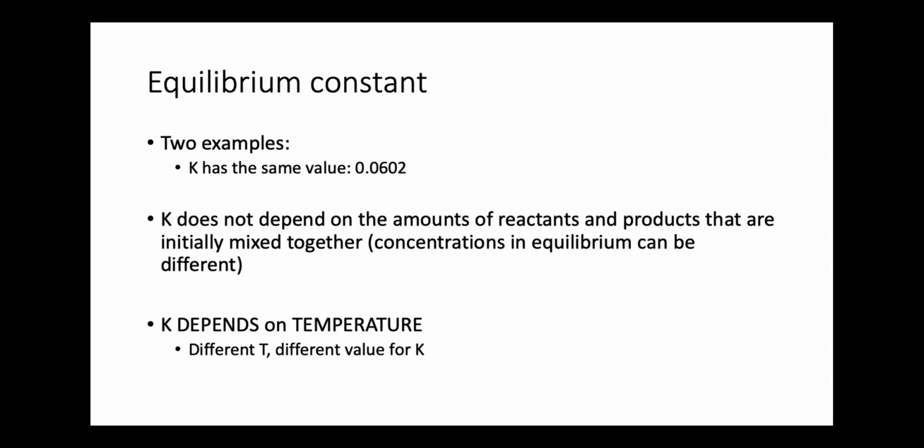And that's important, because K does not depend on the amount of reactants and products that are initially mixed together, and also not on the concentration. That's not important. What is important for the value of K? Temperature. When my temperature changes, my K changes. But it's not depending on the amount of reactants I'm starting with. Always the same K. K only changes when my temperature is different.